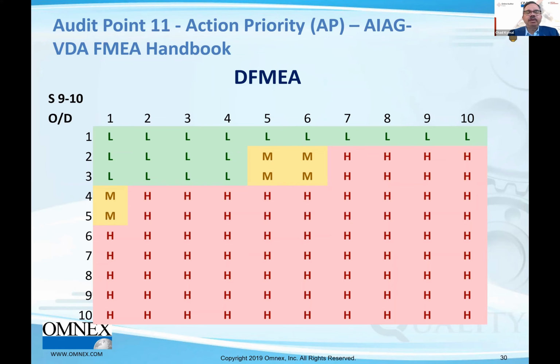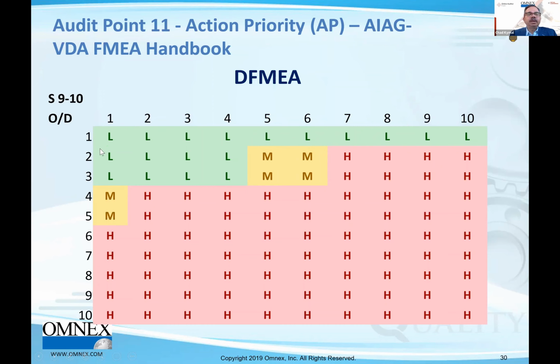Now we move on to this action priority. This is for severity 9 and 10s. You can see the occurrence and detection numbers. All right. This is the detection numbers. This is the occurrence numbers. You can see most of them are 1, 2s, and 3s.